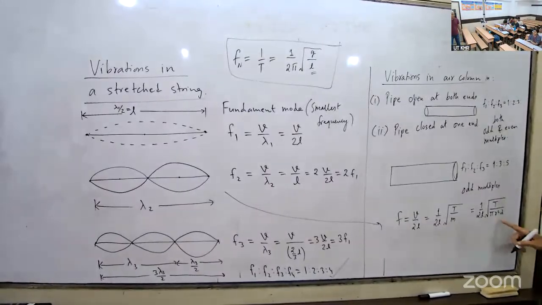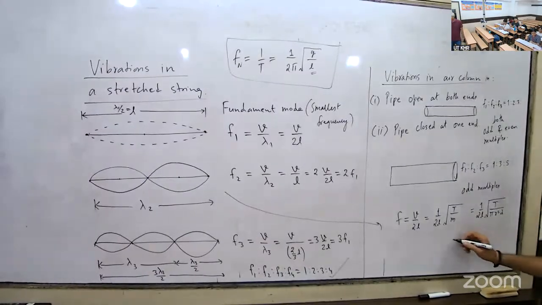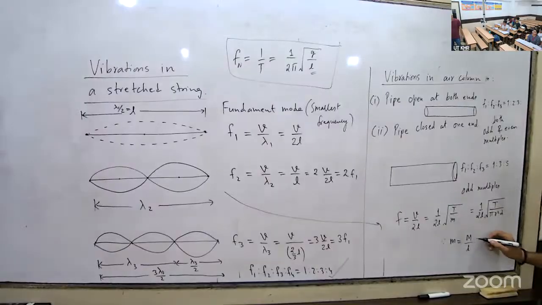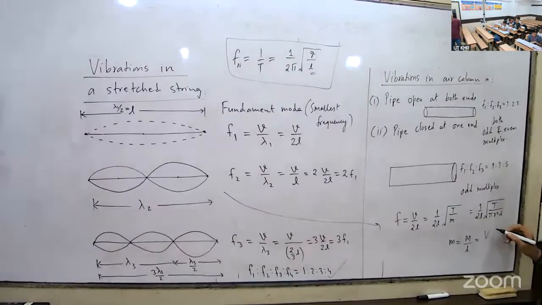Mass per unit length kya hota hai, dekho? What is it? Area into density. Since m is mass per unit length, L is the length of the string, M is the mass of string. And what is mass? Volume into density.